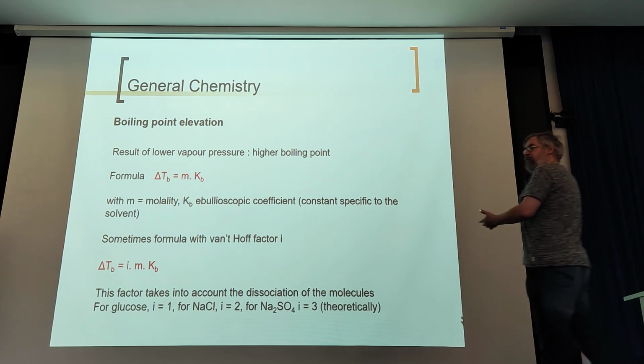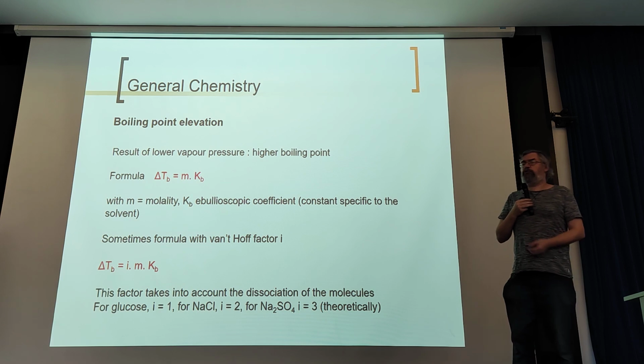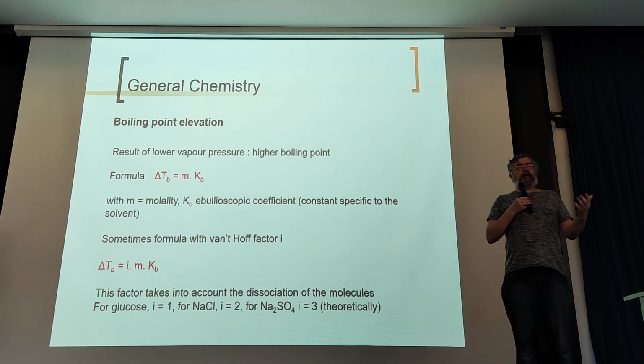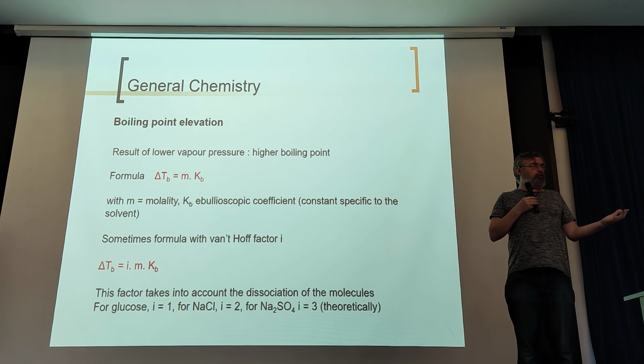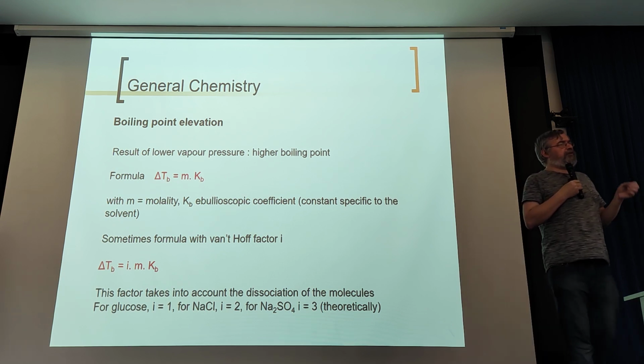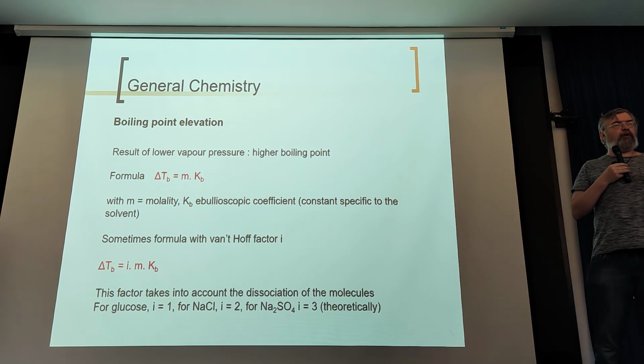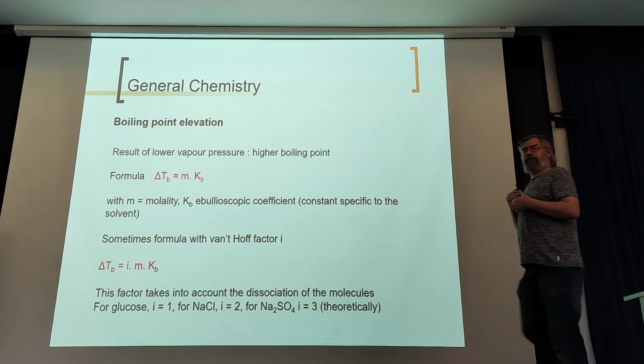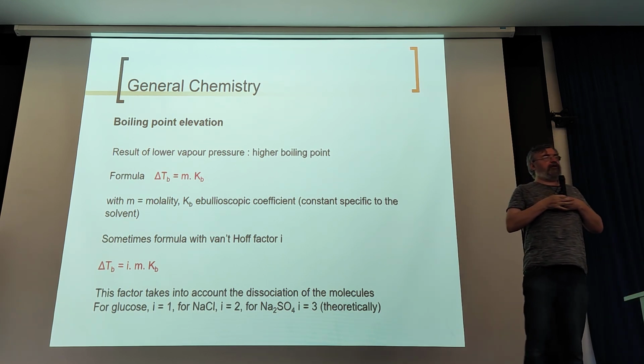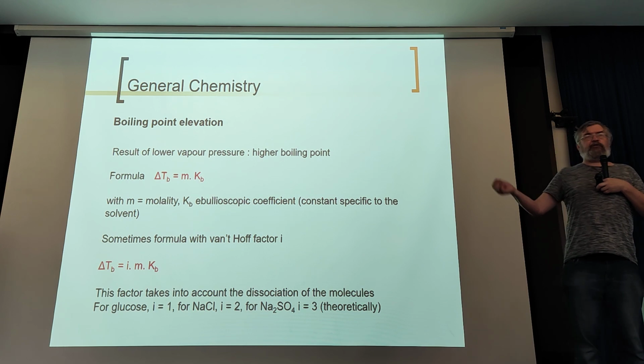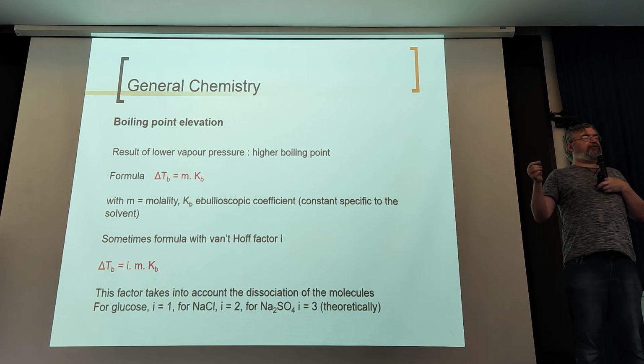So glucose is a sugar, it's a neutral compound. The molecules of glucose, when dissolved, stay glucose. So that means the Van 't Hoff factor is 1. Sodium chloride, if it dissolves, it gives 2 particles, sodium plus and chloride minus.